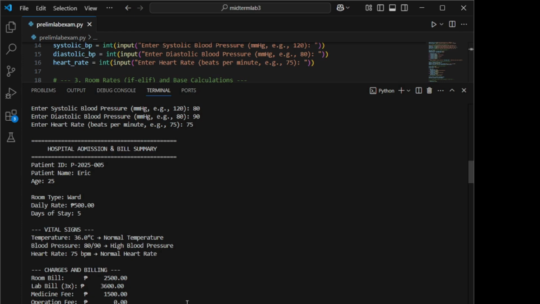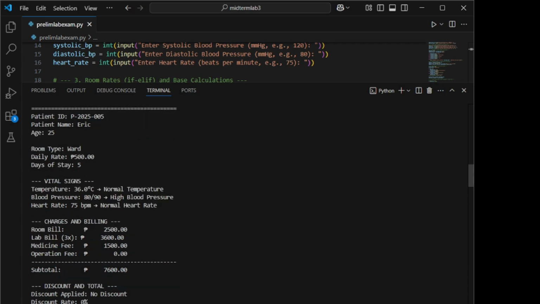And for our medicine fee, we just inputted earlier at 1,500. So if we'll just call that, I will just print it here, and then sum this up and get the subtotal.